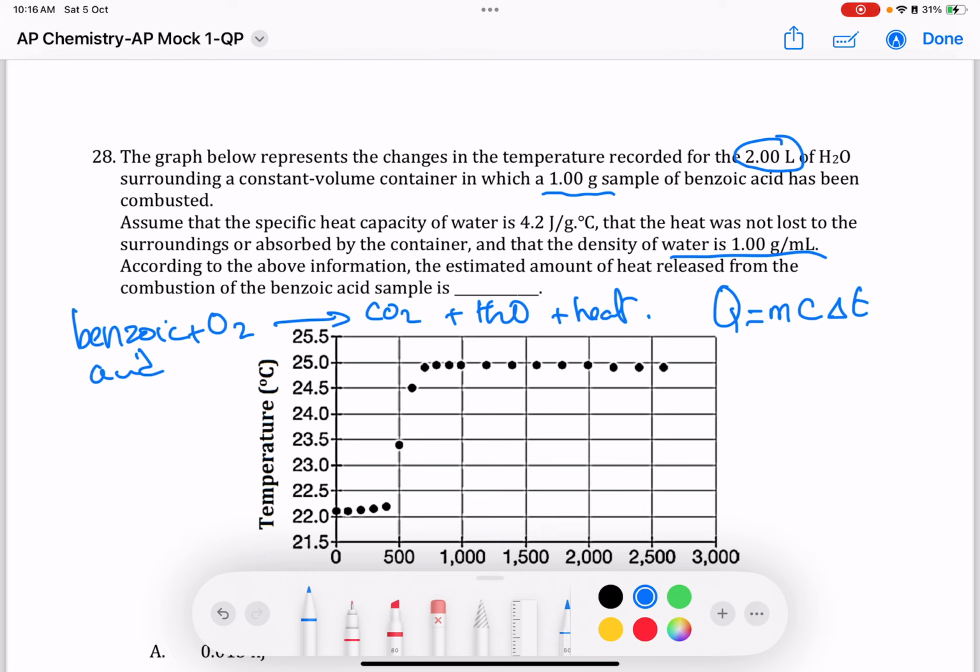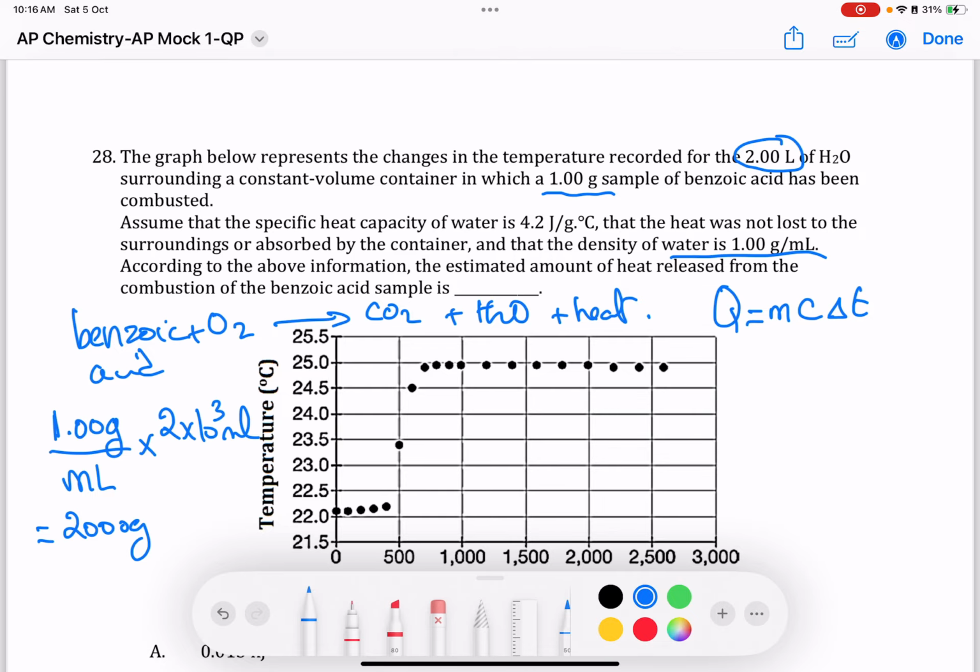So we use the mass of water and not the volume of water. Having a density of 1 gram per milliliter, multiplying by 2 liters, which is 2000 milliliters, we find the mass to be 2000 grams.